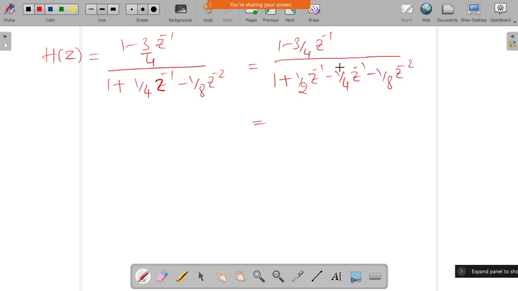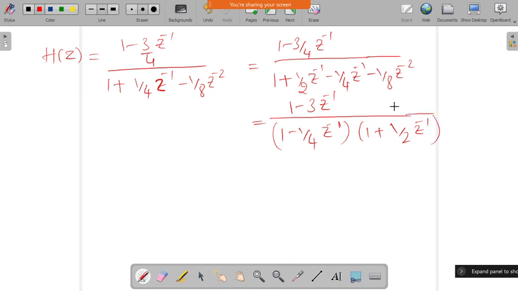So we can take the common factor, and we can write it as 1 minus 3 by 4 z inverse divided by 1 minus 1 by 4 z inverse into 1 plus 1 by 2 z inverse. So these are the factors we will get. Okay.